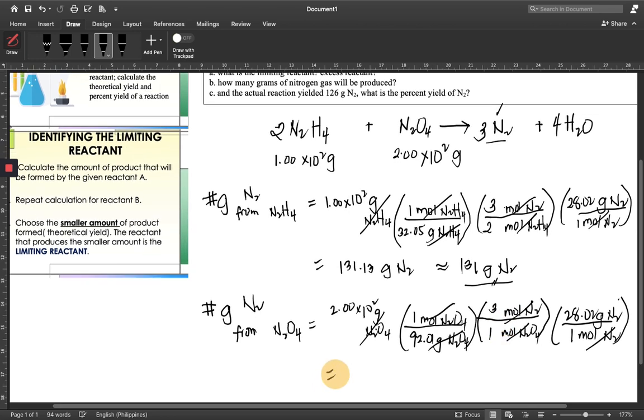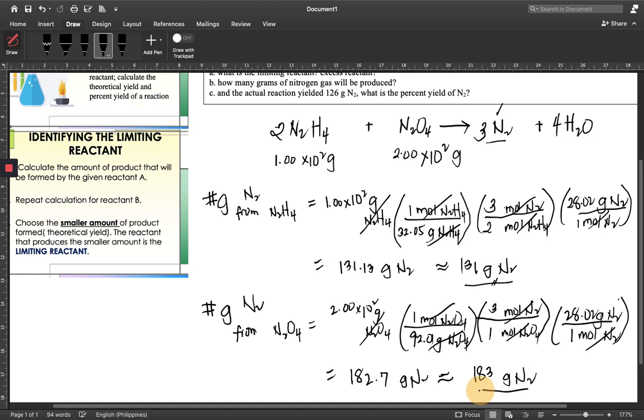This is 2.00 exponent 2 divided by 92.01 and then times 3 times 28.02. And so we have 182.7 grams N2, but since we are given up to 3 significant figures, we may stop at the ones place. This is 183 grams of N2.